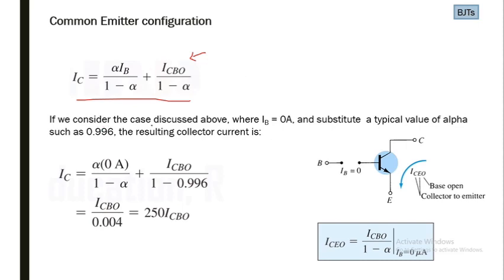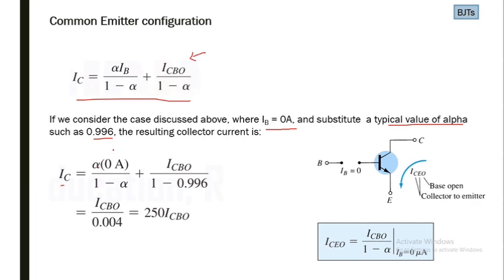So if we consider the IB is equal to 0 in this equation, and put a typical value of alpha in this equation, which is 0.996, the resulting collector current IC can be calculated here.